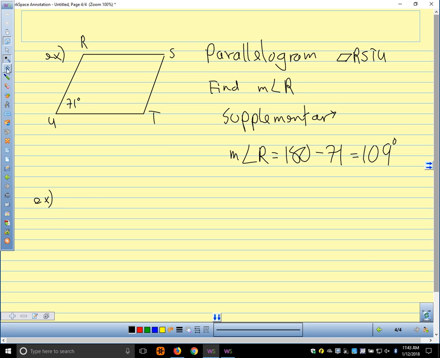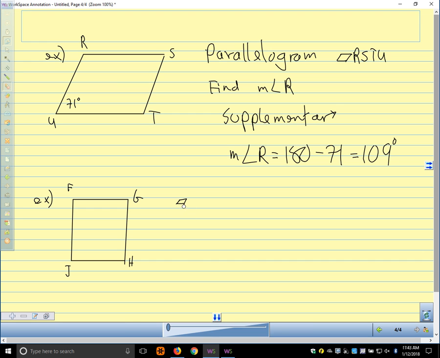Another thing that we might be asked to do is what we call classifying these quadrilaterals. So I'm going to say this is parallelogram FGHJ.